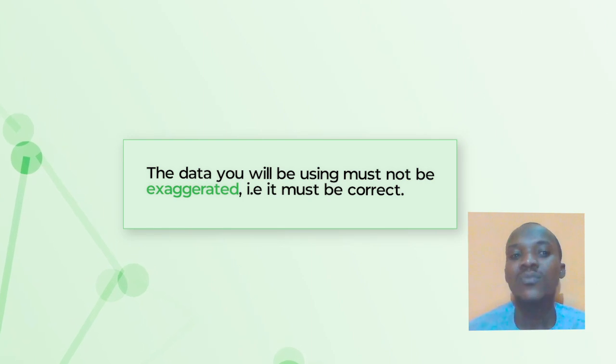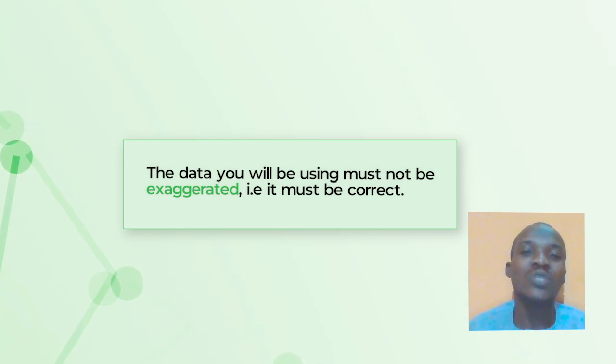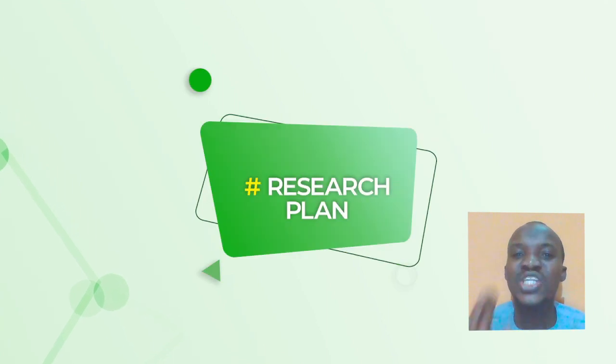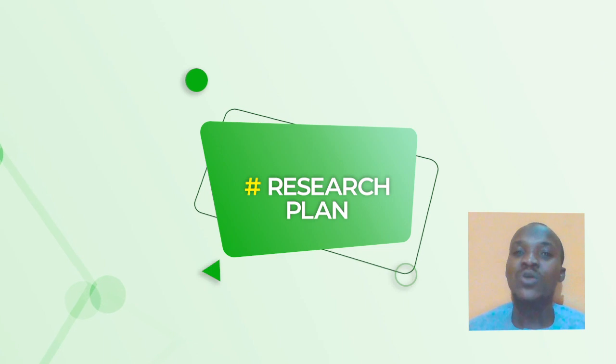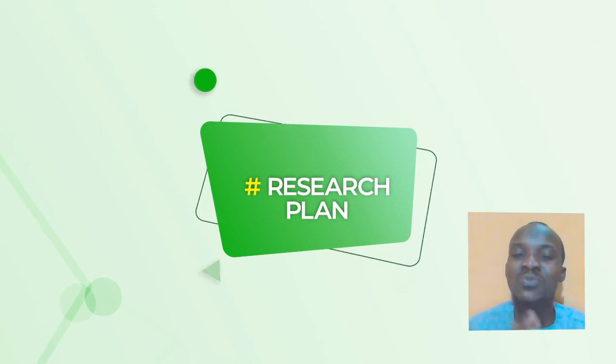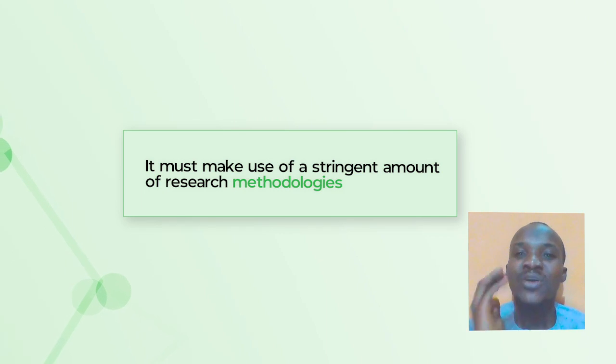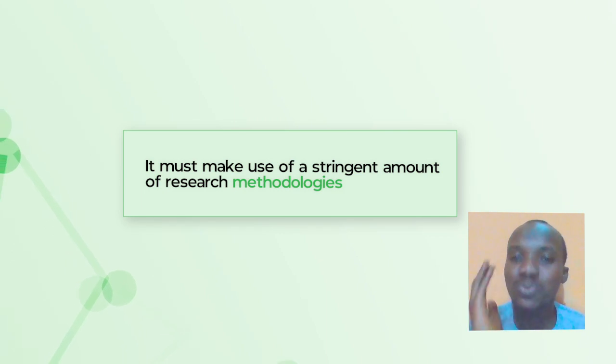Moving on, another very good characteristic of a research is that it must make use of a research plan. When you are talking about a research plan, just like I said earlier, it must make use of a stringent amount of methods, research methodologies, and research procedures.